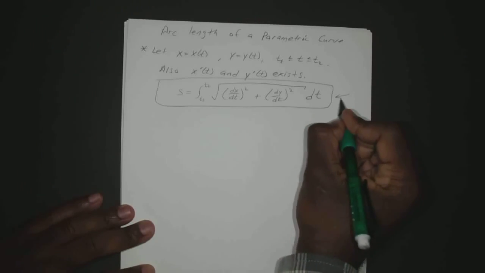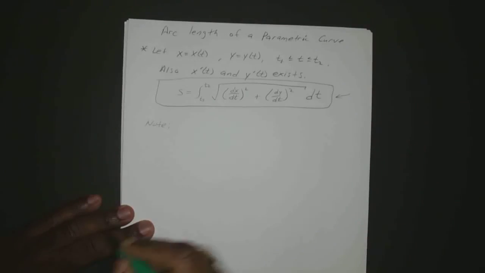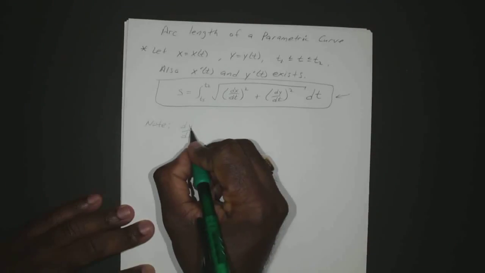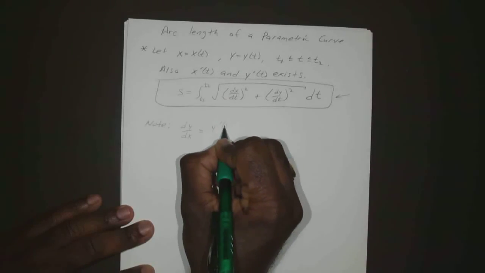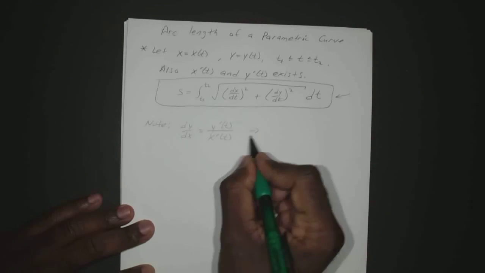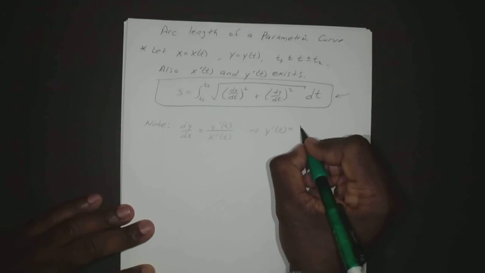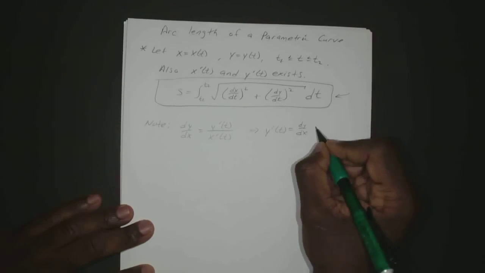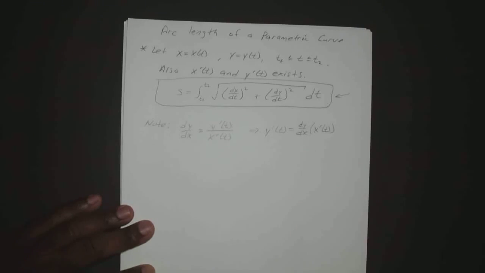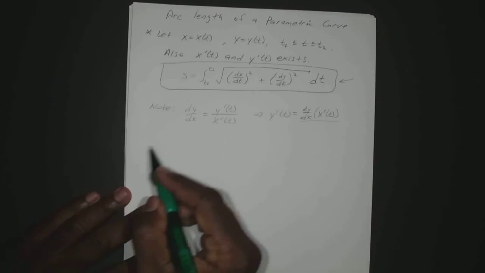Okay, so this would be your formula here, but we're going to go a little bit further. We know that dy dx is equal to y prime of t over x prime of t, which means that y prime of t is equal to dy dx times x prime of t. So what if we replace that in our formula?